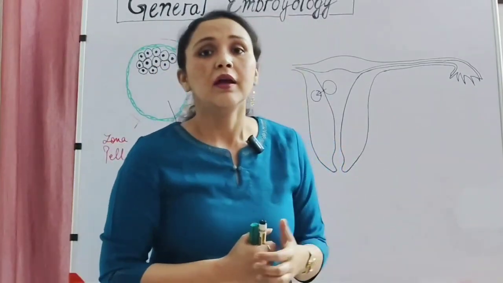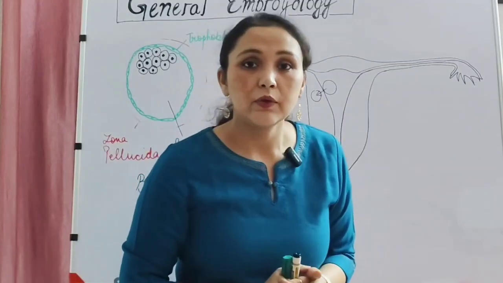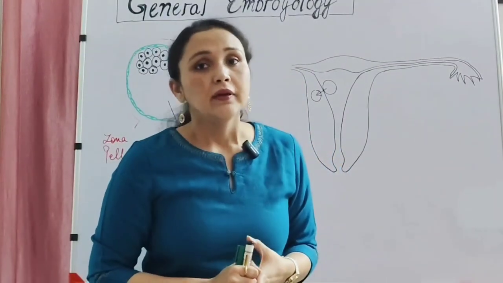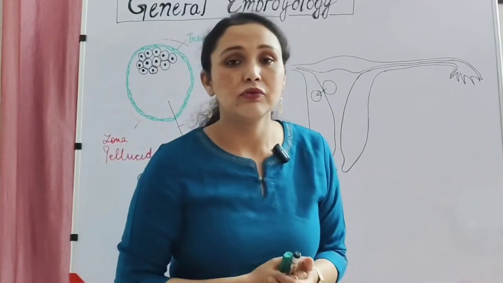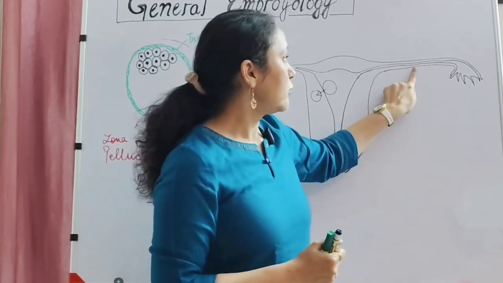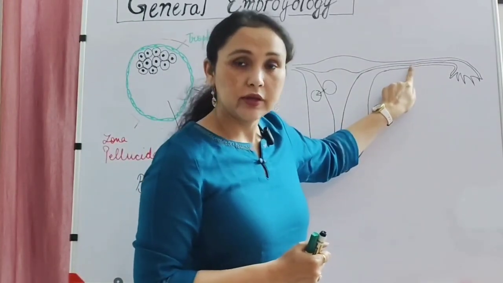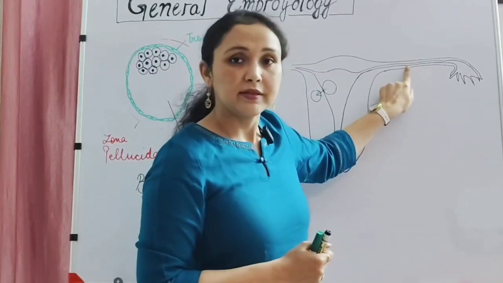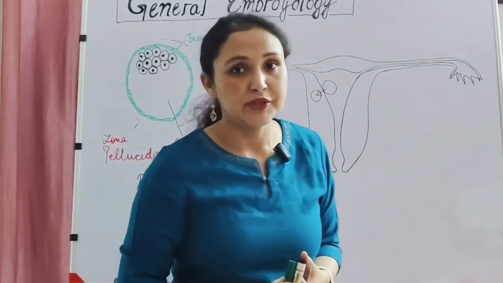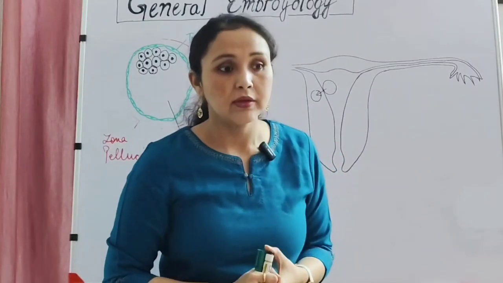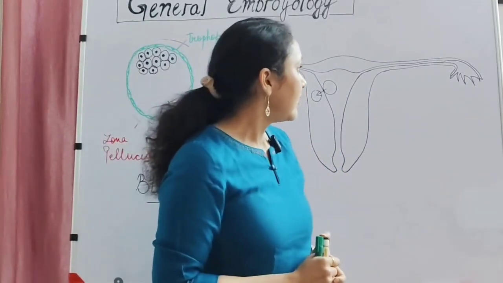That is very common, and you have to exclude that diagnosis. If the ectopic pregnancy is allowed to grow, then obviously it will grow in the uterine tube, whose diameter is very narrow. So there is a risk of rupture. That is a medical emergency. So that is not to be missed out, right?